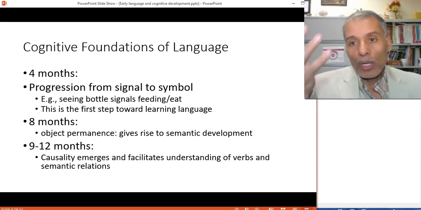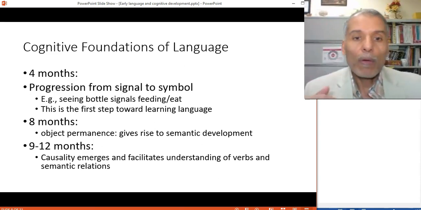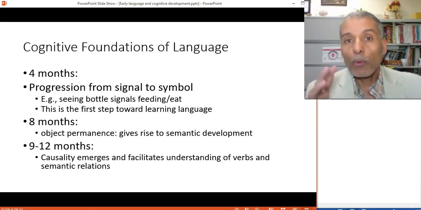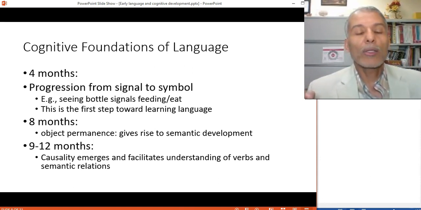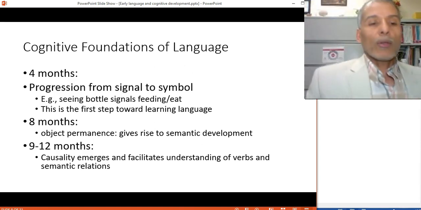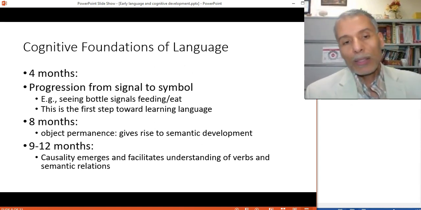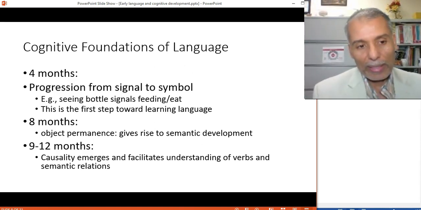They take you to a higher level of thought, where you can kind of move from signals, from concreteness to abstractness. So that's big, the beginnings of that begins at about 8 months.